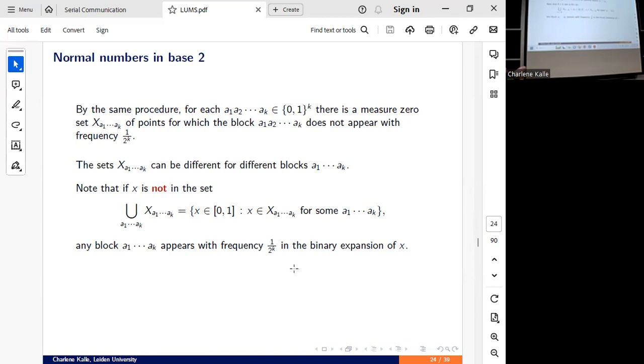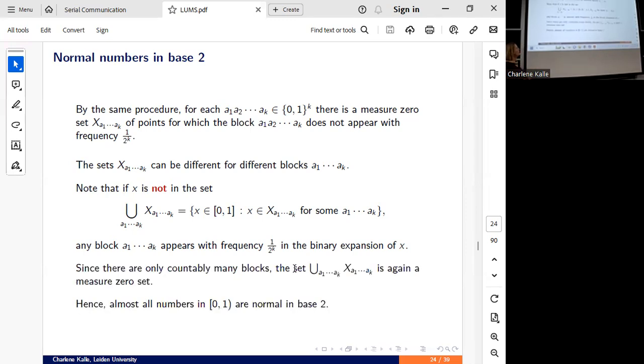So if x is not in this set, this means that any block appears with the right frequency 1 over 2 to the k in the expansion of x. So if x is in the complement of this set, then it will be normal in base 2. And luckily, since there are only countably many blocks, this union will again be a measure 0 set. And that's why almost all numbers are normal in base 2. So that's the proof for base 2.